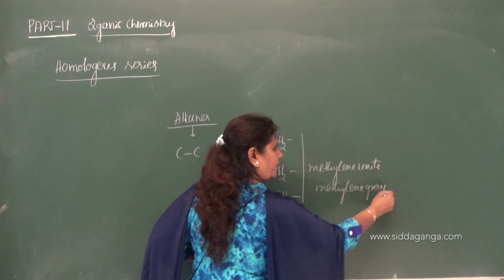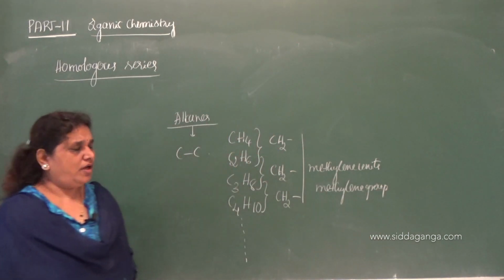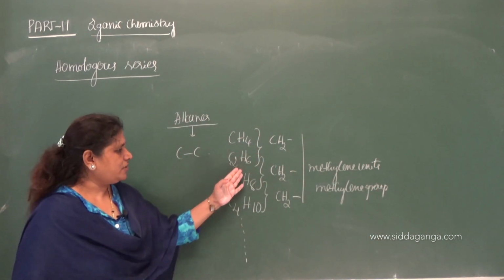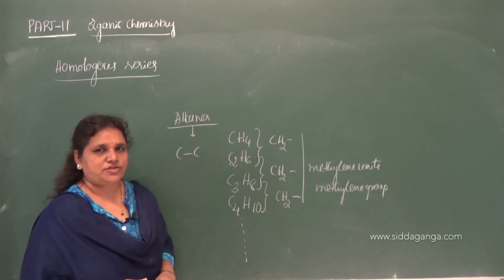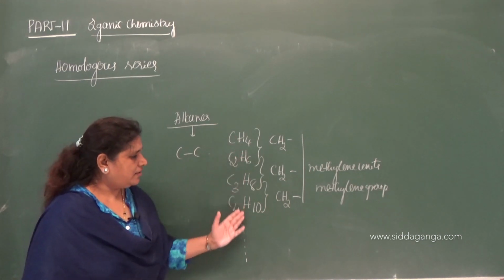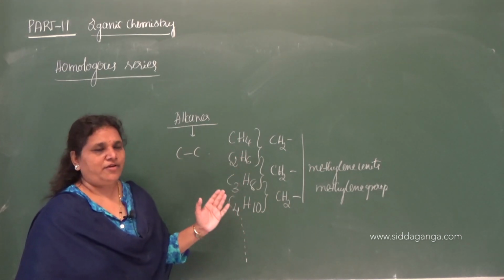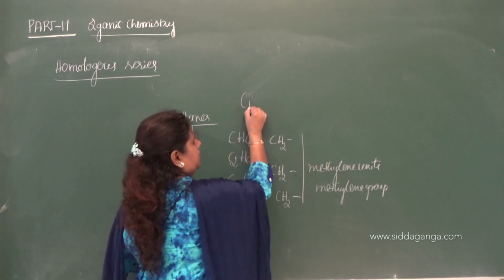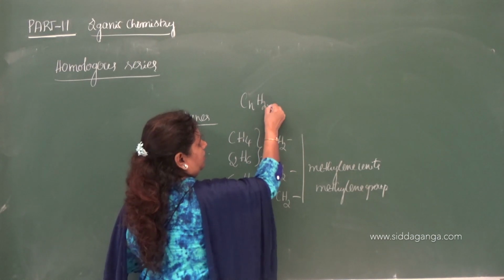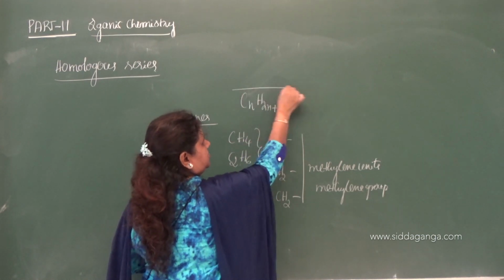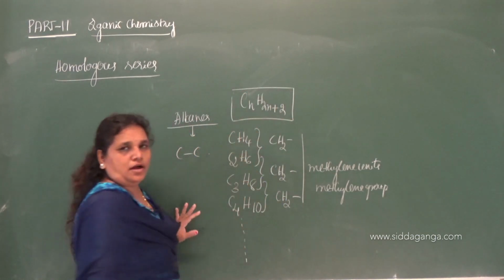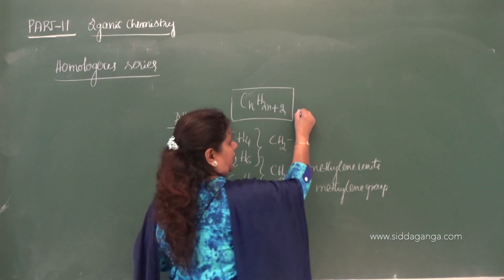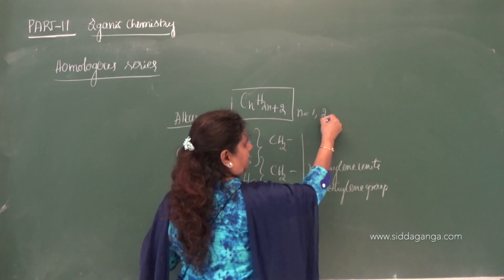So instead of writing CH4, C2H6, C3H8, C4H10, we can represent these members of alkanes in a single formula called CnH2n+2. This is the general formula of alkanes, where n indicates the number of carbon atoms.